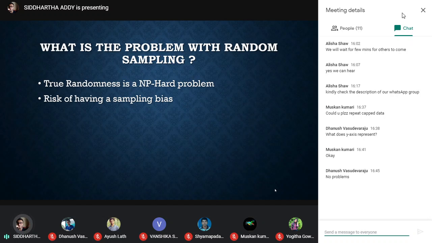Now, what is sampling bias? We have to consider a story. Let us assume that you have been given the task to select 1,000 people for a survey. It specifically says it has to be adults, and the survey should be only for males and females.